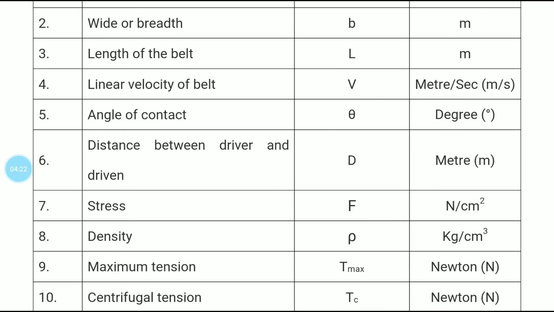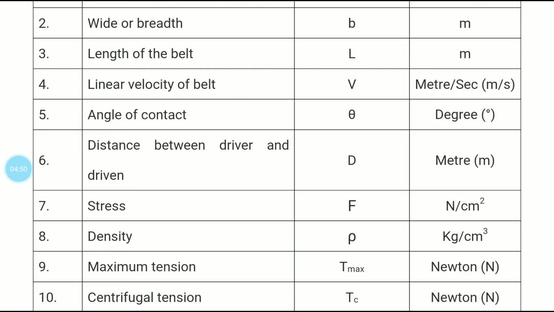Okay, there are two here. Don't forget, the length of the belt is the length from the starting point to the end point, meaning where it started, that will be the end. So that will be the total length of the belt. That is capital L. And the distance between driver and driven is from the center axis of the driver sheave to the center axis of the driven sheave.